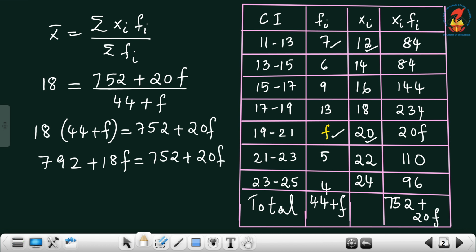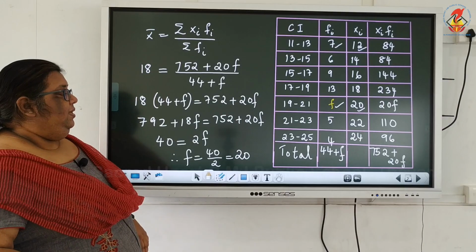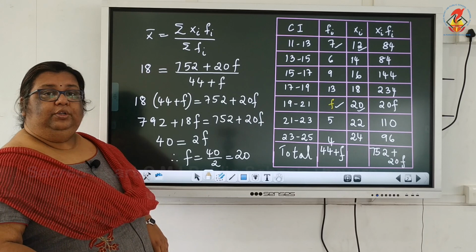Bring all the variable terms to one side. So you will get 40 is equal to 2f. Therefore, f will be 40 by 2, which is equal to 20. So the missing frequency f is equal to 20.